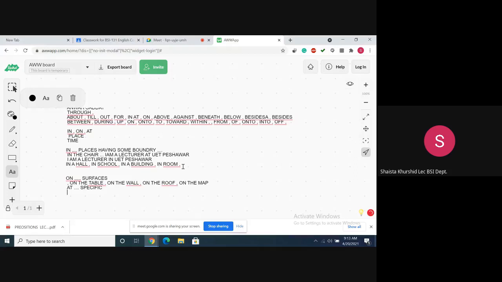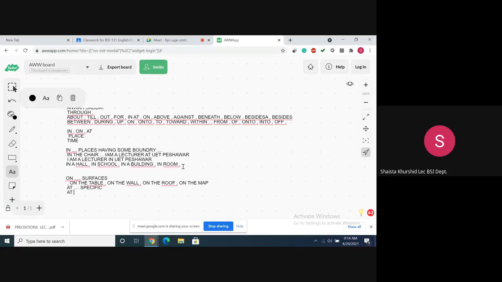If I say I am in UET Peshawar at the Department of CS and IT, I'm specifying my location. So Department of CS and IT, that is actually what I'm specifying. So at is used for specific places. It's actually showing the location. Okay.